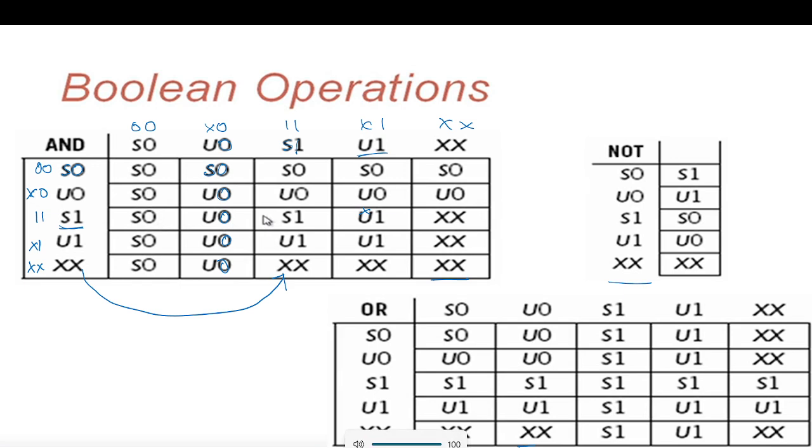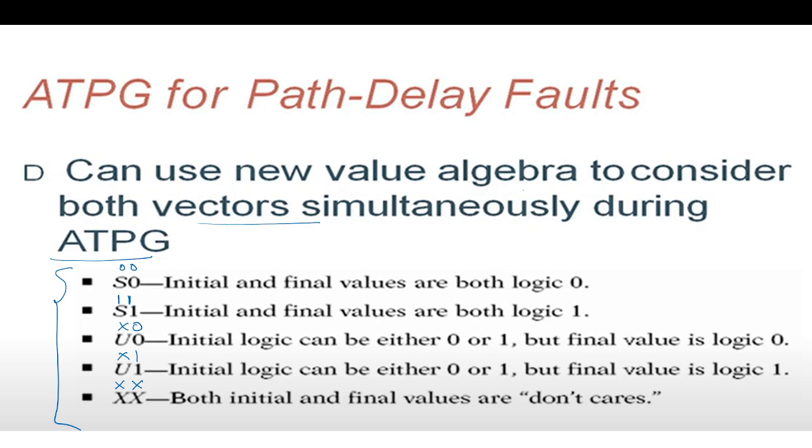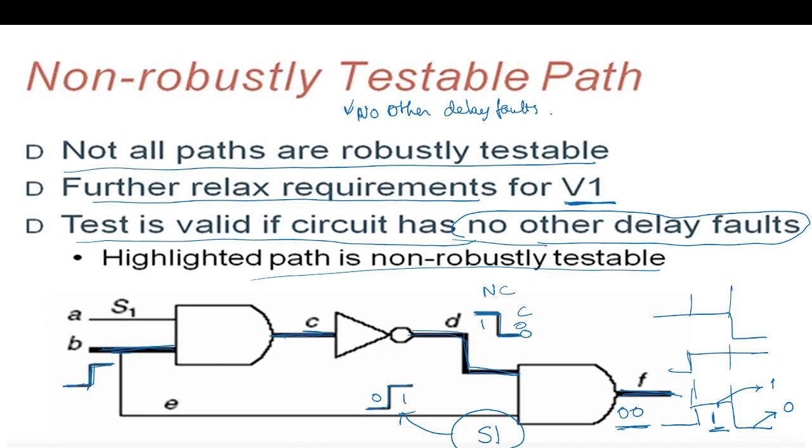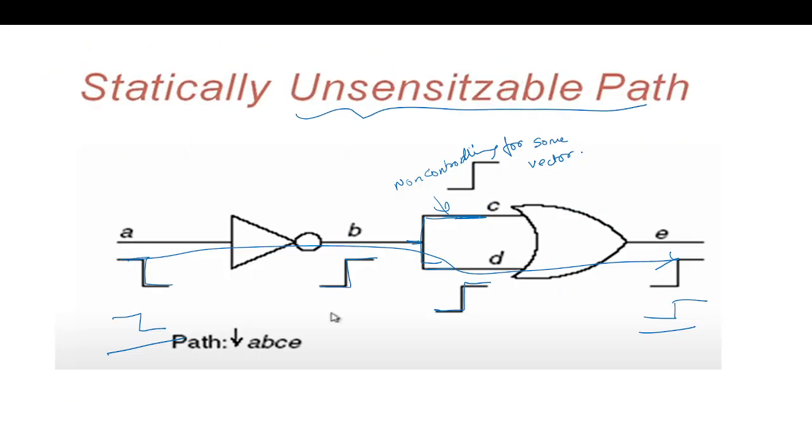Yes. How can we differentiate between single path sensitizable and statistically sensitizable? No, like this one, yeah, we are not able to sensitize using the single path, single path testable, because we are not able to launch a transition and propagate the transition.